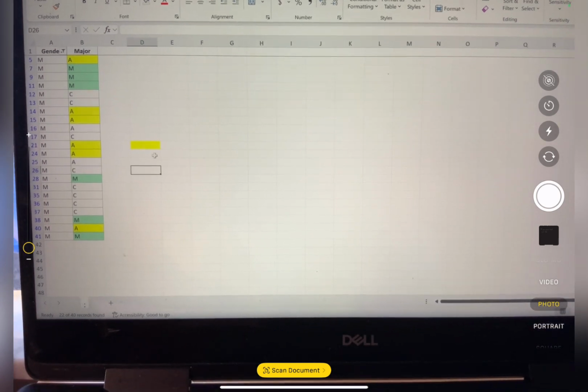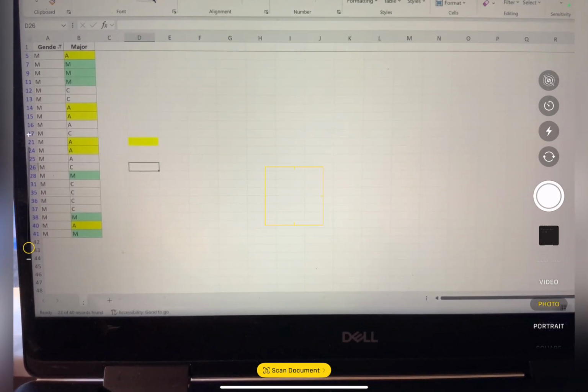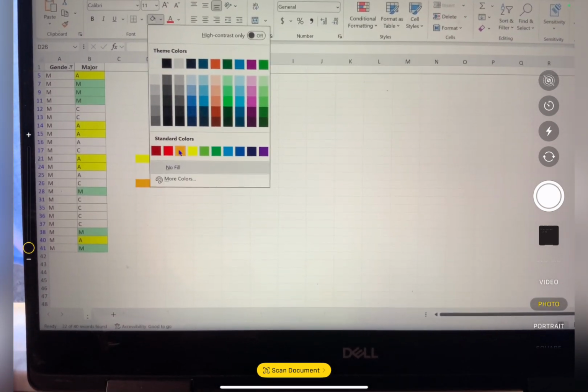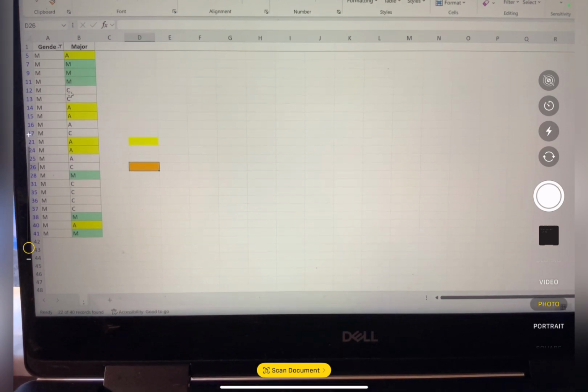Okay. And lastly, I'm choosing orange and holding the control button and clicking all cells. Oh, I missed there A. Okay. I missed there more A's. Oh, all right, I'll fix it.